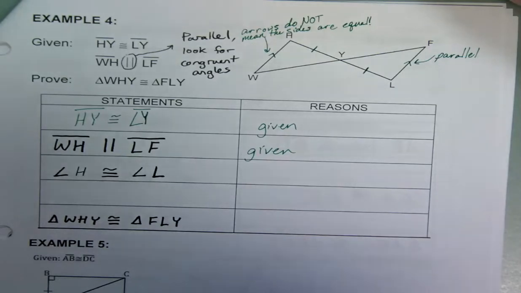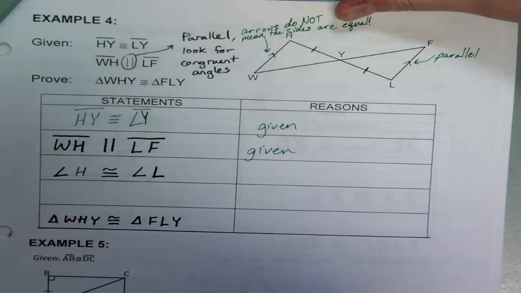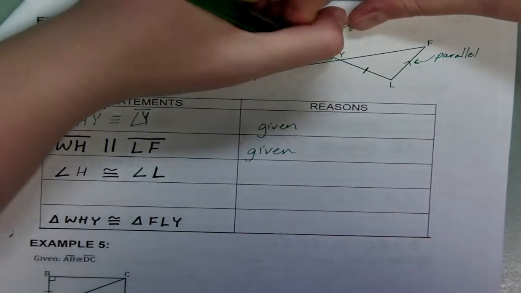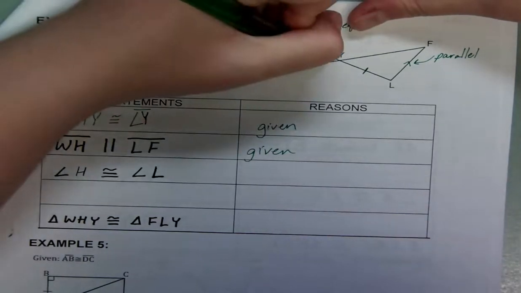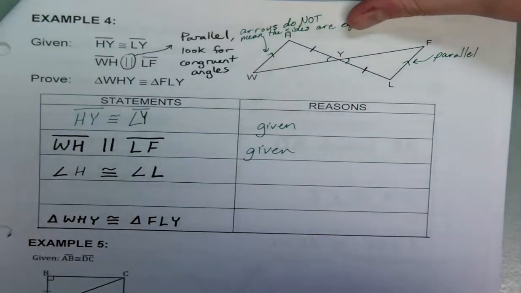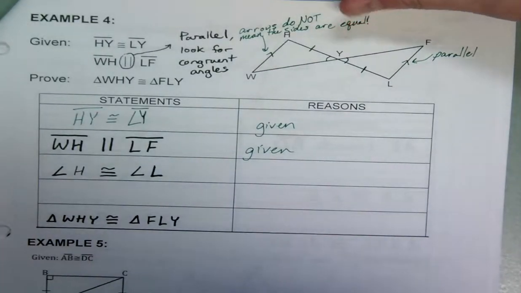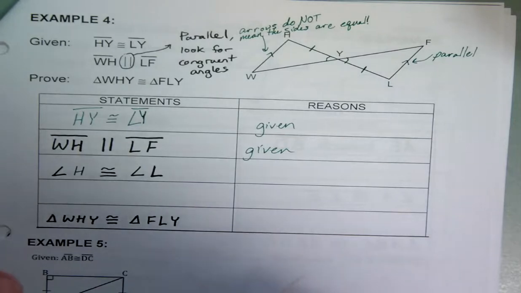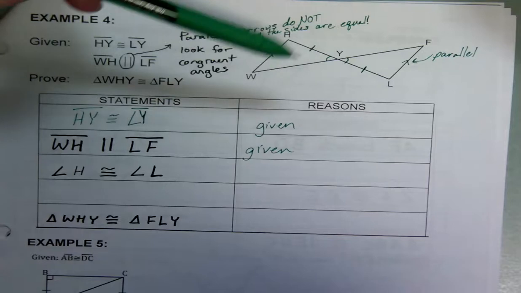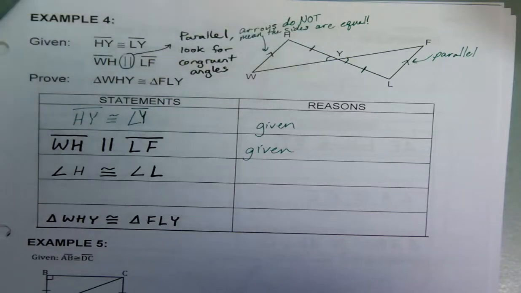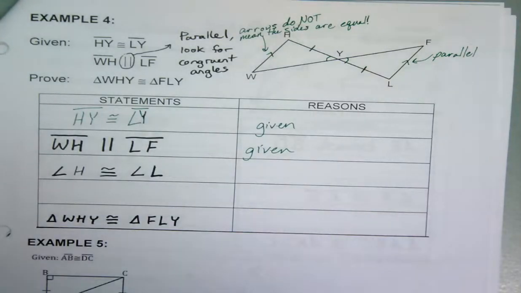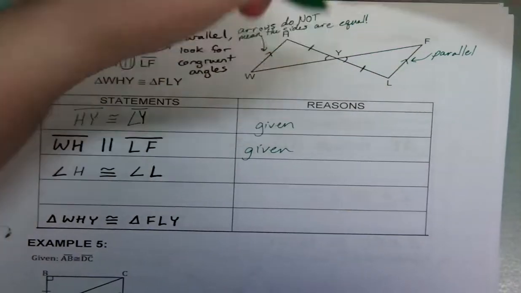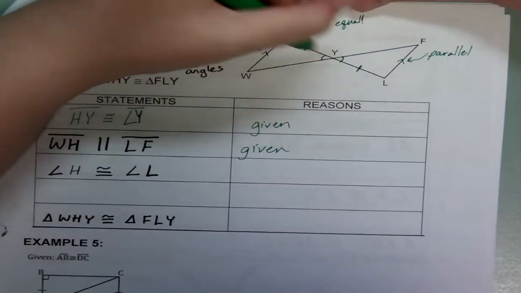But something that we do know is that the vertical angles are congruent. We've got another bow tie in there. And then there's a way that we can figure out that two angles are congruent. So this can be a bit confusing, but I just want to point out that we have two parallel lines, and then we have a transversal going through.